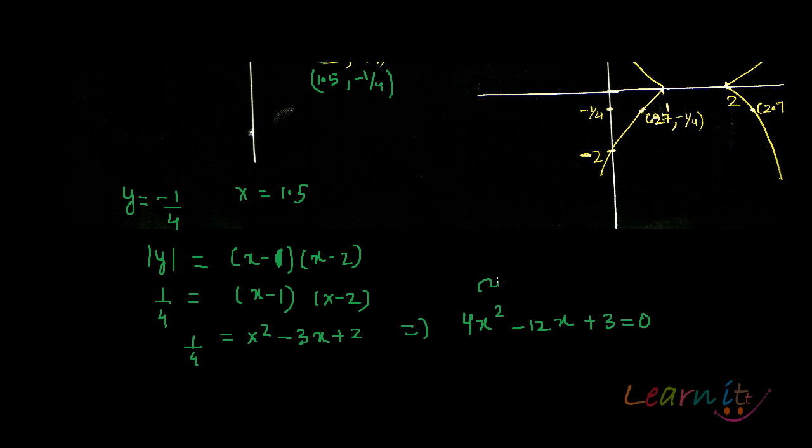So the roots of this equation satisfy mod y equals 1 by 4. Y equals minus 1 by 4, but mod y equals 1 by 4. So I will get two values of x.